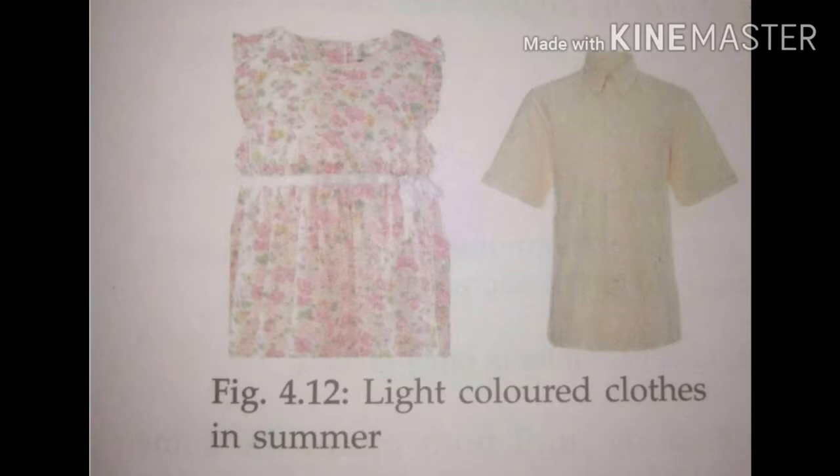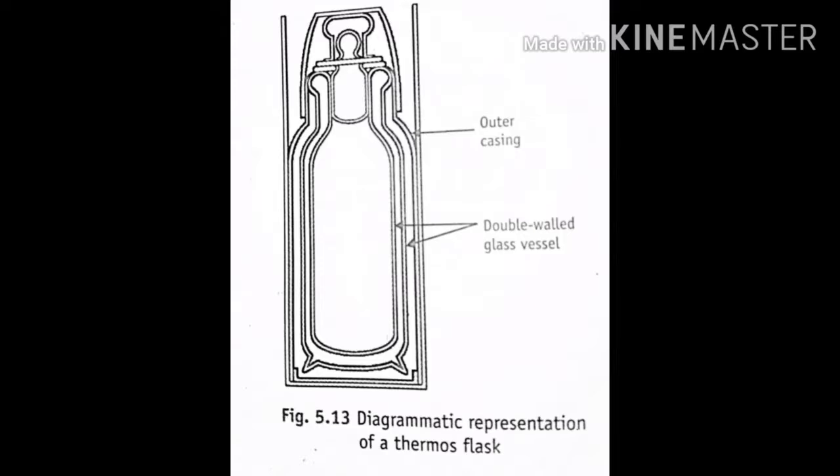Next one, thermoflask. A thermoflask is a very good example of how heat loss by all three modes of conduction, convection, and radiation is minimized. Heat loss due to conduction is minimized by using insulating materials like plastic.